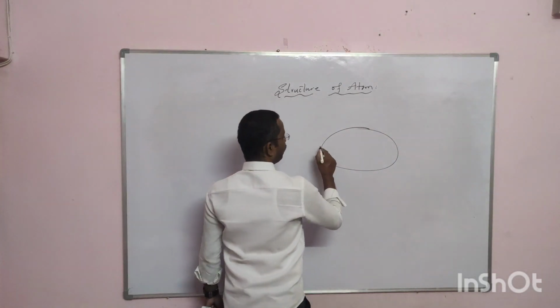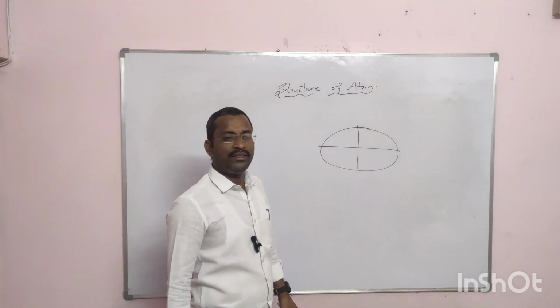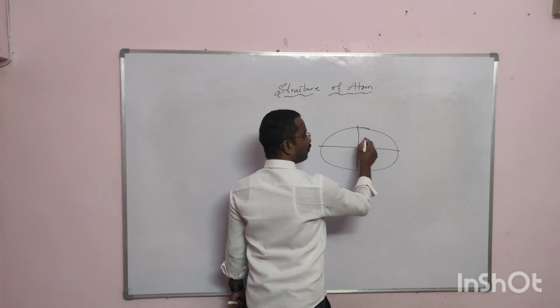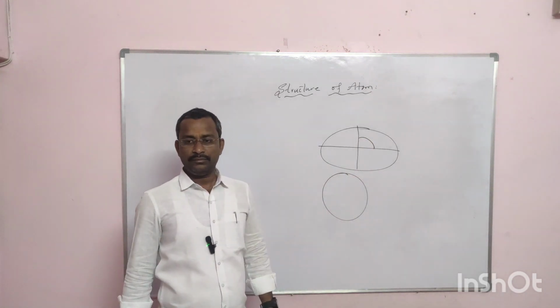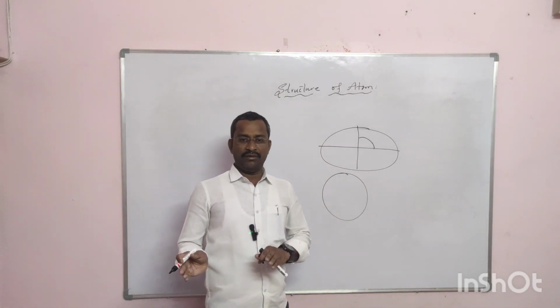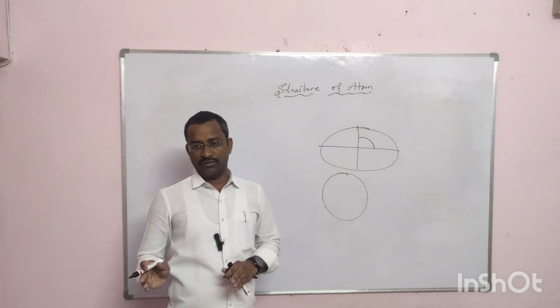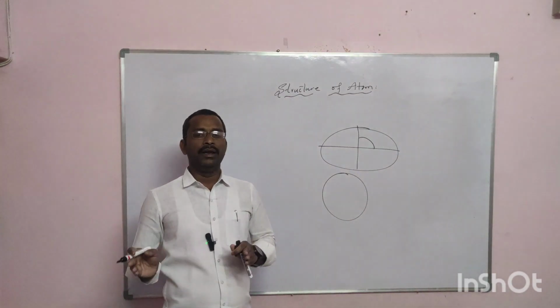In an elliptical shape, there will be a major axis and a minor axis. When the lengths of the major axis and minor axis are equal, it becomes a sphere. Who said this? Sommerfeld said it. All the concepts given by Bohr were supported by Sommerfeld, and additionally, he said the atom will be in the form of an elliptical shape.